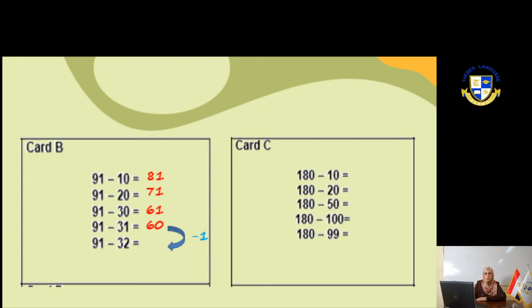So 60 minus 1, count in your mind or do it with your fingers, equals 59.